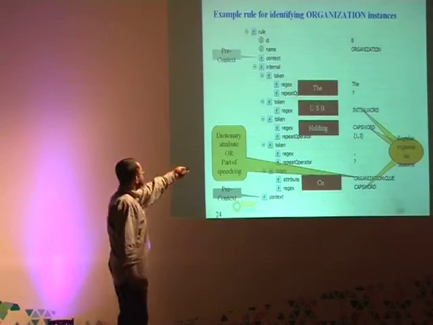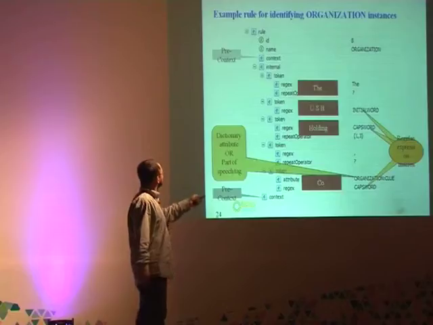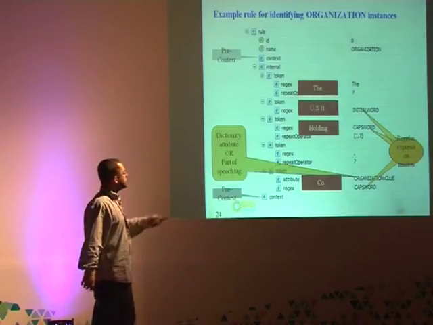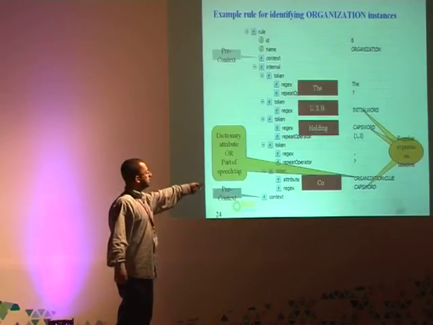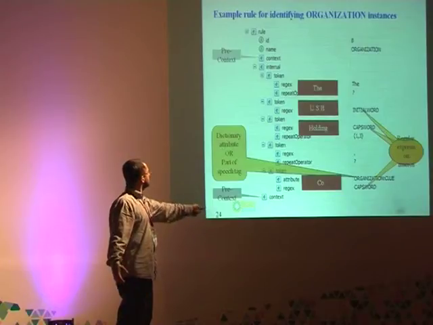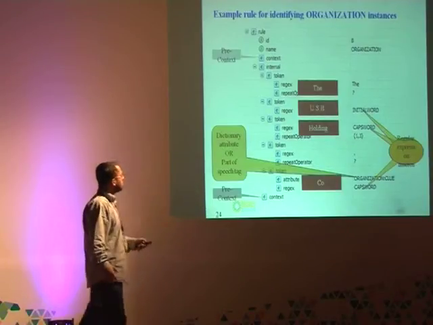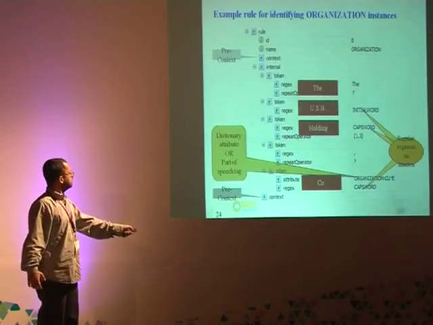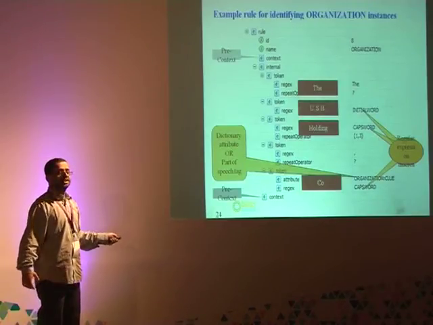You could also have caps word next, and then you could have some things optional. So you often have organization names which have a comma in the middle. In this case, the USB Holding Co. did have a comma, but this comma was optional. And finally, this rule required a match with a dictionary.